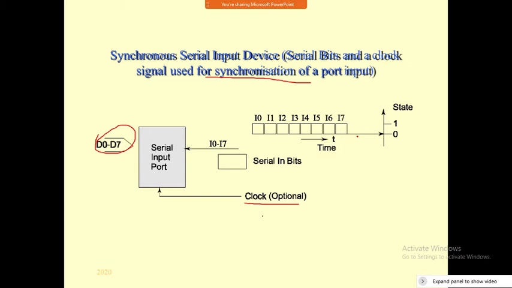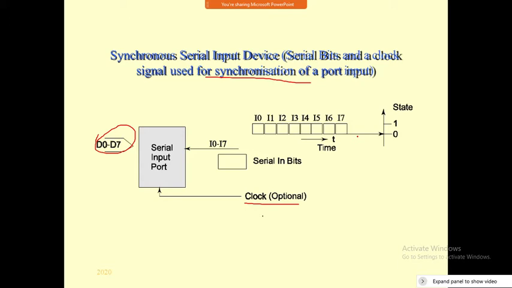Serial input port means a circuit to where the bits can be input in successive time intervals. The time interval is known to the receiver port. The port assembles the bits on receiving at successive instances. This is the synchronous serial input.